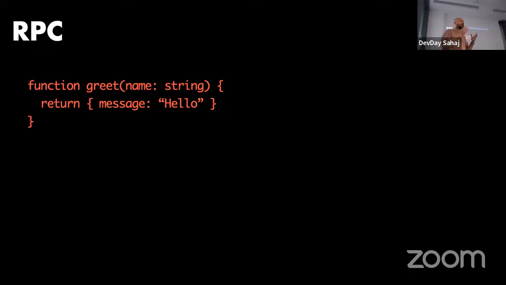Because we're so used to writing APIs in REST, we think in terms of request and response, and that code gets completely embedded in our code base and pollutes it, making it only worthwhile for an HTTP kind of thing. The best case scenario is we have a function, it returns a message.